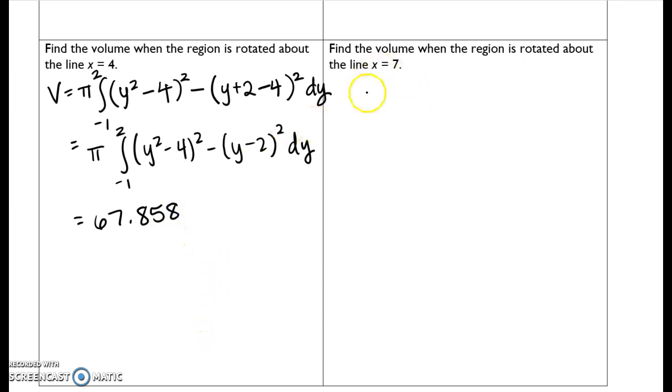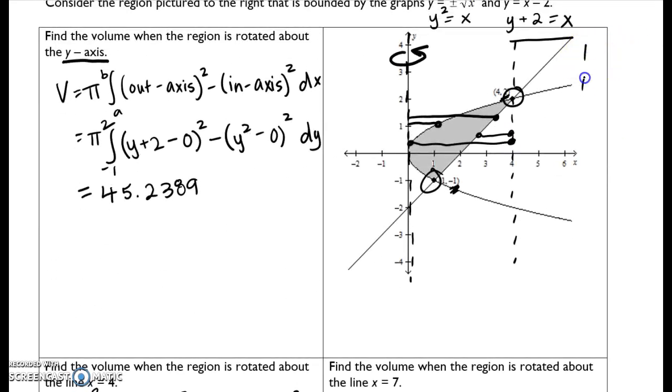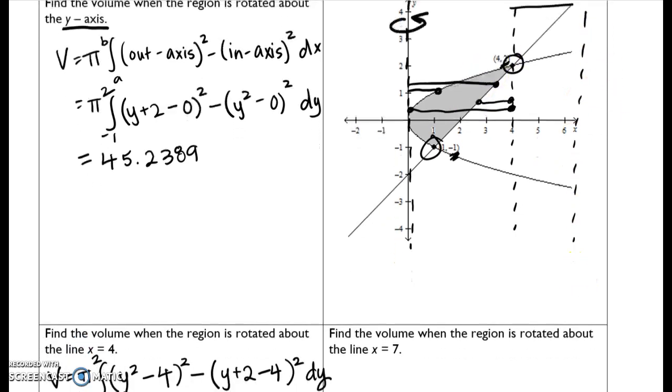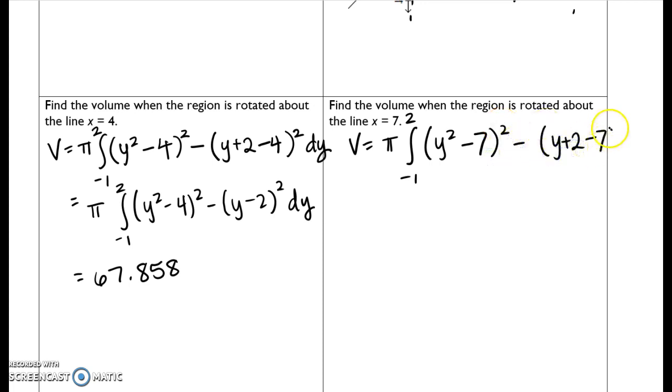All right, the line x equals 7 is going to be just the same because when I look back at my graph for x equals 7, it's still to the right of this graph, so it's going to be just the same as x equals 4. So all I'm going to do is change the axis. So pi times the integral from -1 to 2 of y squared minus 7 squared minus y plus 2 minus 7 squared dy.